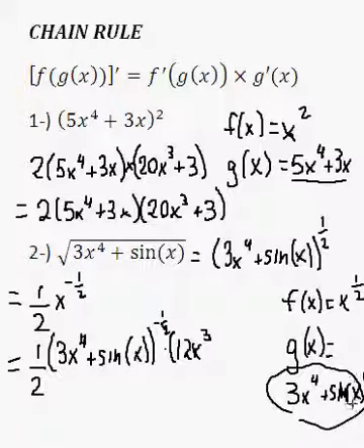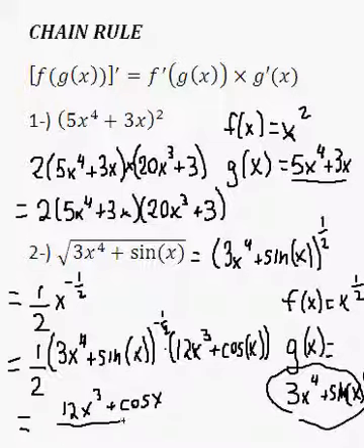And the derivative of sine of x is just cos of x. So I'm just going to simplify this slightly, but we already basically have the answer. And I'm just going to write it as 12x cubed plus cos of x all over 2 root of 3x to the 4 plus sine x.